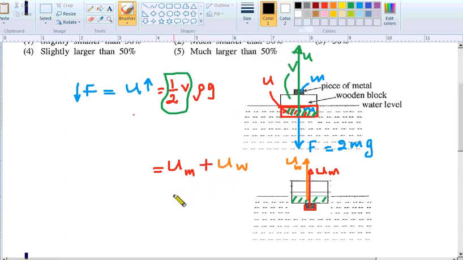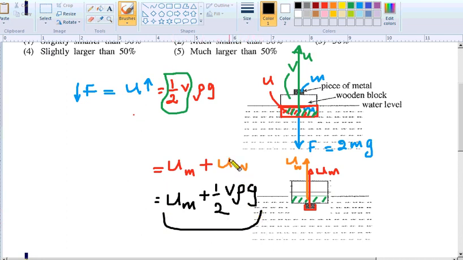Since now we have an extra term, so plus V rho g, what fraction of V? We can't say half, because then the total term has increased. It can't happen, because the total right side must be equal to the previous mg, the previous weight.